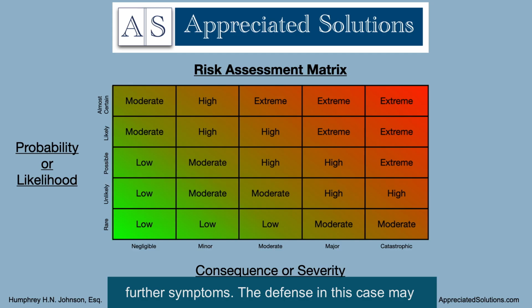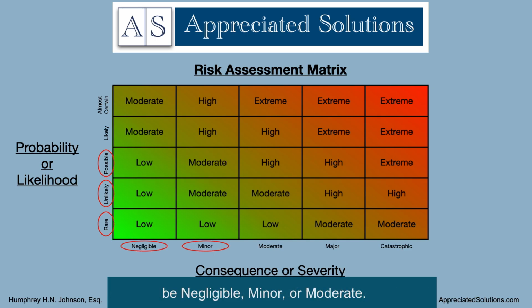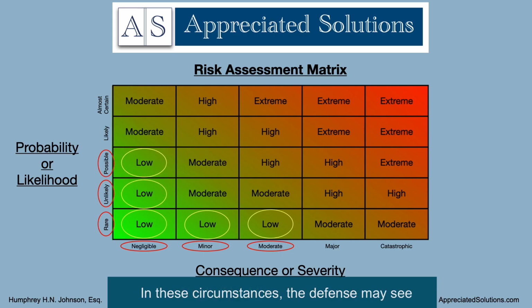The defense in this case may conclude the probability of a plaintiff's verdict on liability is no more than rare, unlikely, or perhaps possible. And they may also conclude the damages exposure or consequence of any liability verdict will be negligible, minor, or moderate. In these circumstances, the defense may see this as a low-risk case.